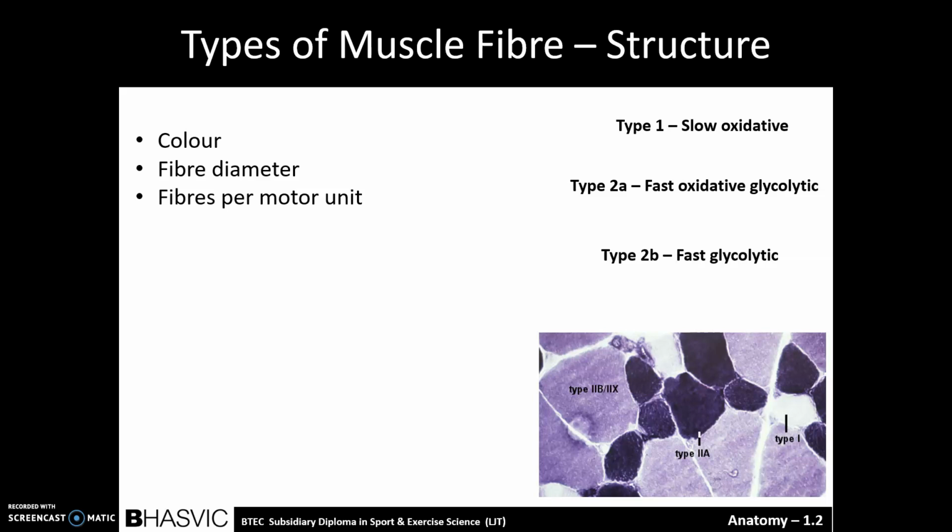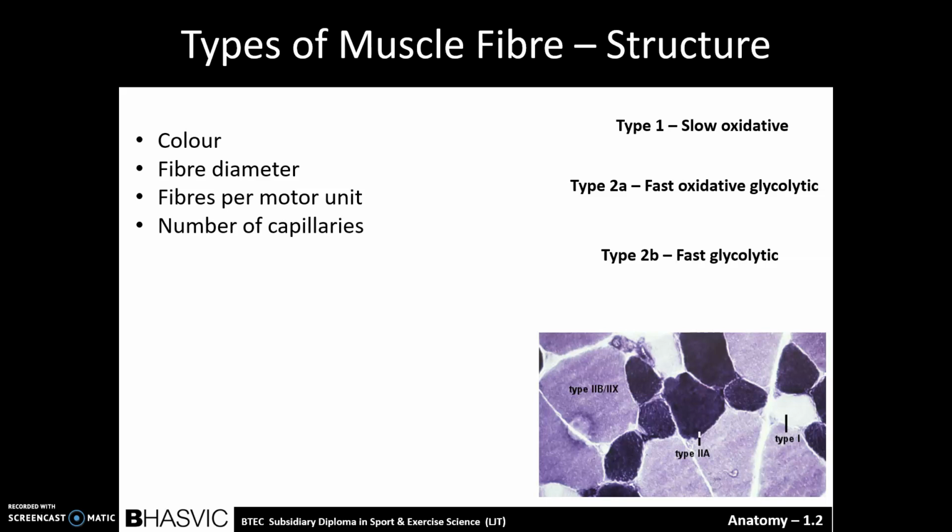So if you want to create a very powerful movement, then you're going to need a lot of muscle fibers per motor unit to use a greater proportion of your muscle to accomplish that powerful movement. So it makes sense for the fast glycolytic muscle fiber to have a high amount of fibers per motor unit compared to the slow oxidative muscle fiber, as the slow oxidative muscle fiber only produces weaker movements compared to the fast glycolytic.